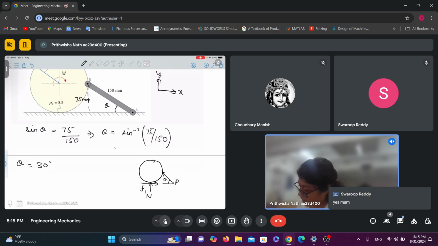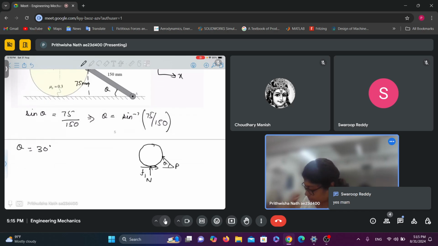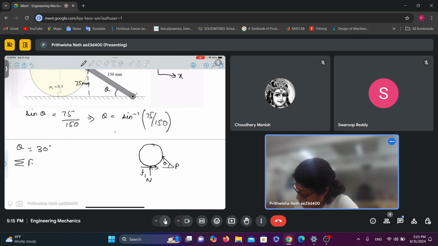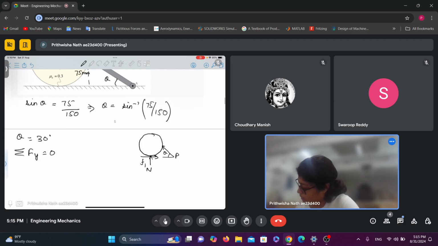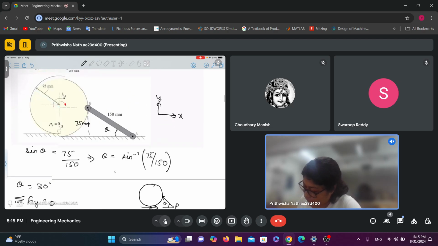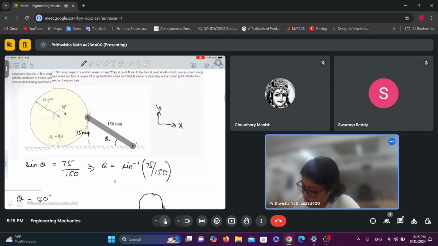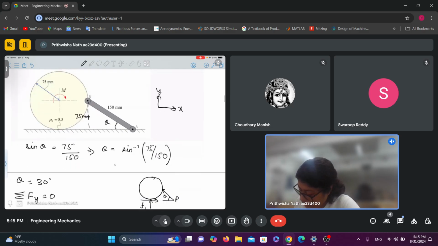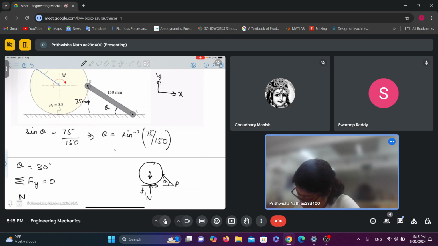So this is the free body diagram. Now I'll write the force balance in the y direction. So N, this is 25 kg, right? Yeah, so the mass of the wheel is 25 kg.